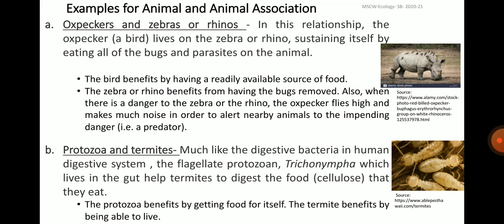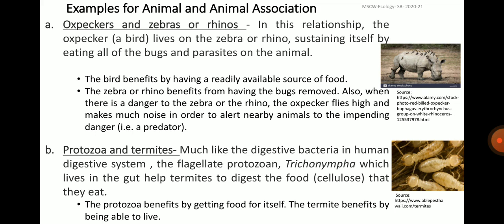Yet another example is the association between a protozoa and termites. So it is the most interesting example of mutualism, which is found between termites and intestinal protozoan flagellates called trichonymphs.